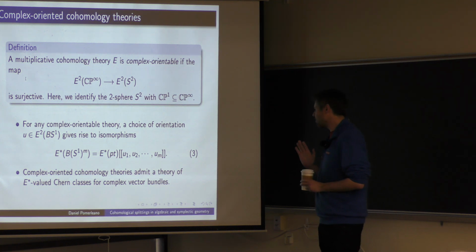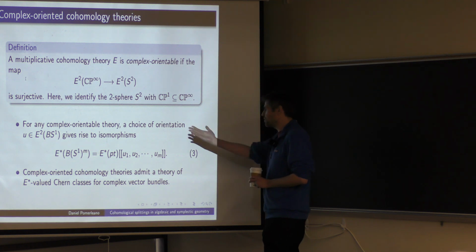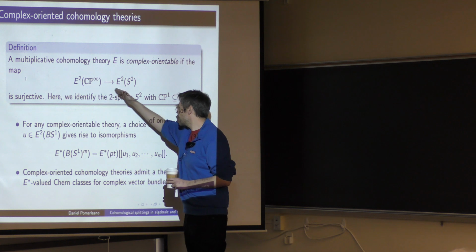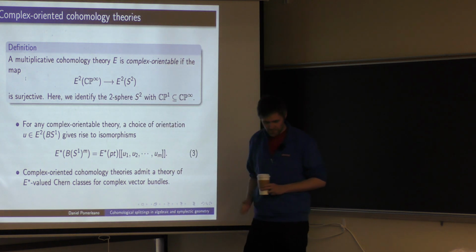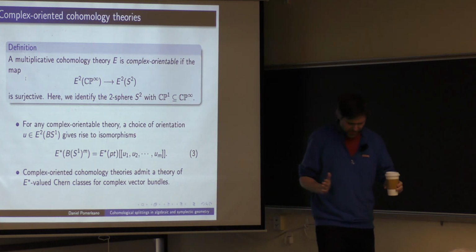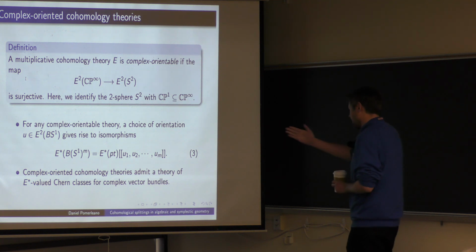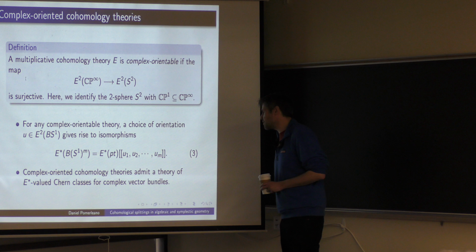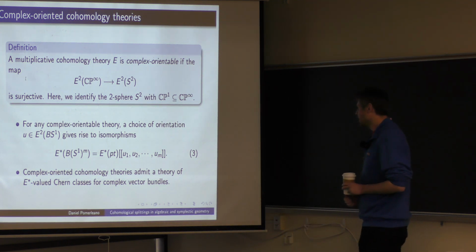From that definition, some standard arguments say that if you choose an explicit representative that surjects, you get isomorphisms of the cohomology of a product of BS1s with the graded power series ring over your coefficient ring.